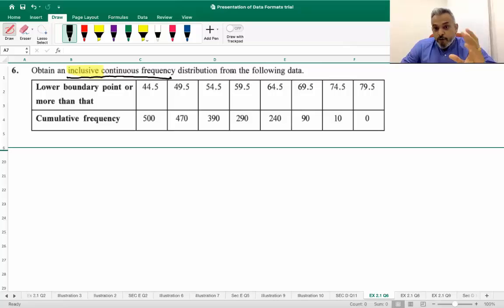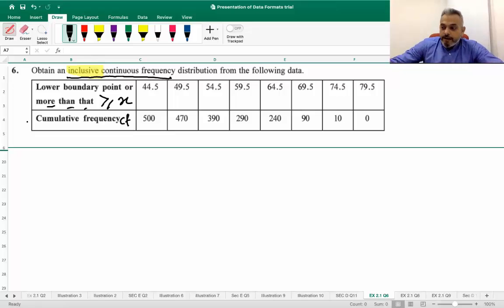Keep in mind please, we have made the original, but is that original inclusive? If not, then we have to make it inclusive. The lower boundary points and more than that, so more than or equal to x. More than type is given. Cumulative frequency: 500, 470, 390, 290, 240, 90, 10 and 0. So you can make out over here that it is decreasing, it is more than type.